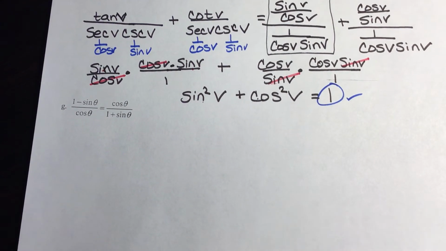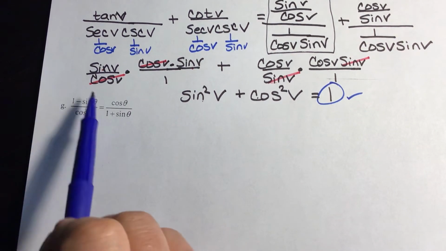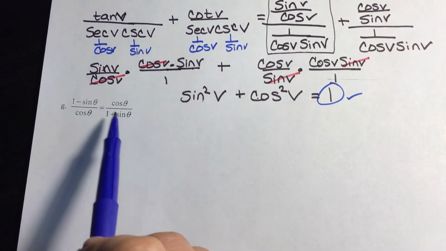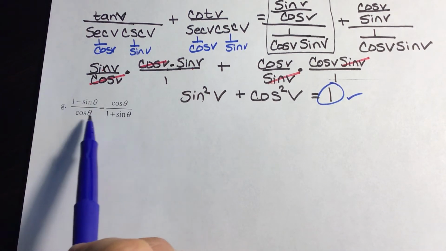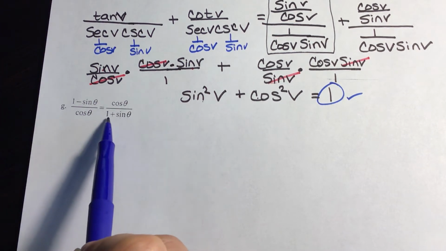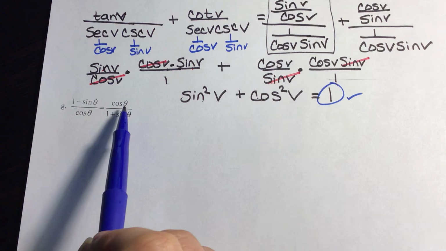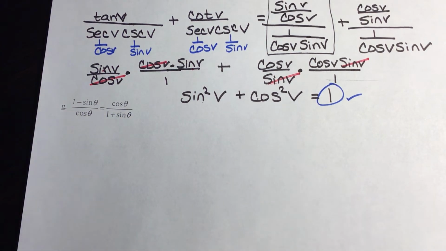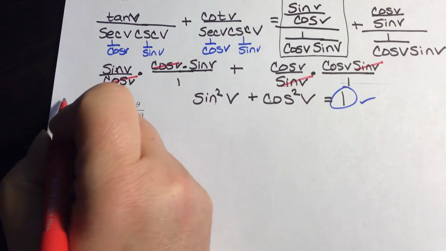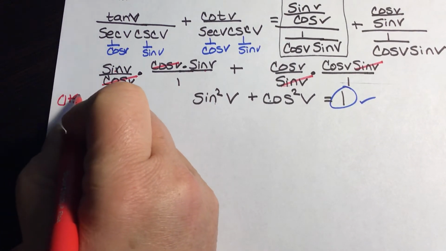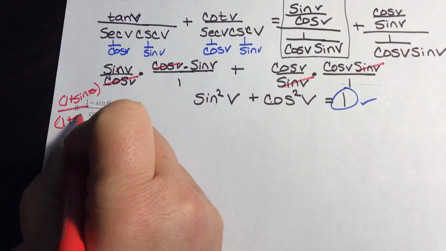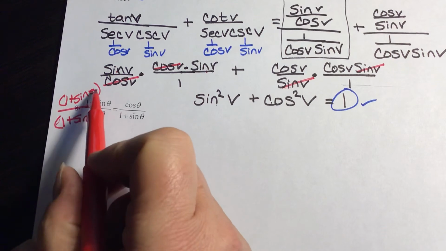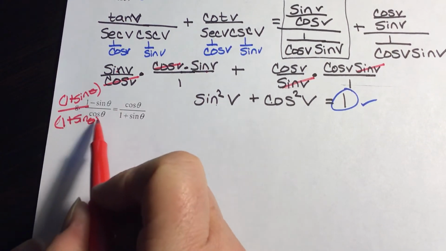Last one. This time I have a fraction, and I want it to equal another fraction, but look how different the denominators are. So since I want to end up with a 1 plus sine theta on the denominator, the left side I'm going to multiply by 1 plus sine theta on top and bottom. Now remember, this is just 1, so I'm just multiplying this side by 1.